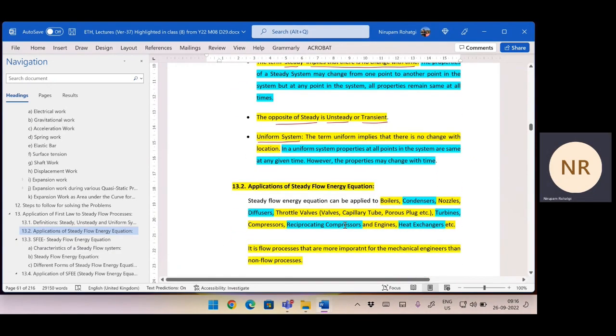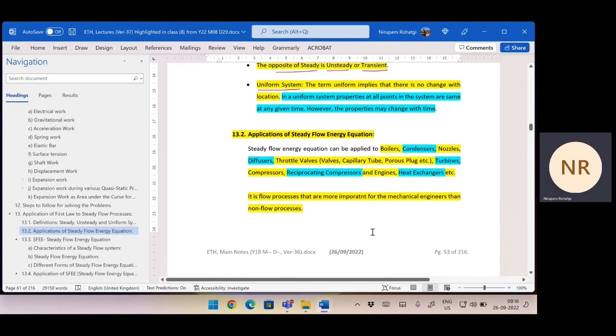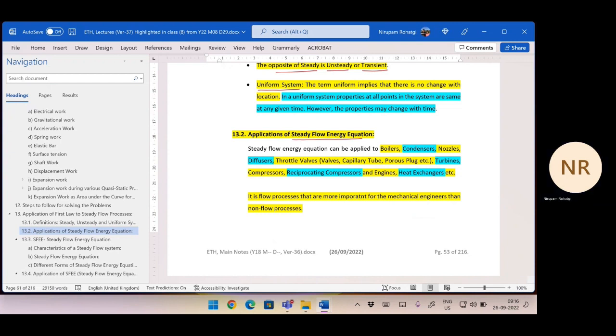Now when we talk about this steady flow energy equation, this has a very wide application. Actually, the real course of thermodynamics which we are teaching starts from here. Up till now, whatever was there, you had studied.